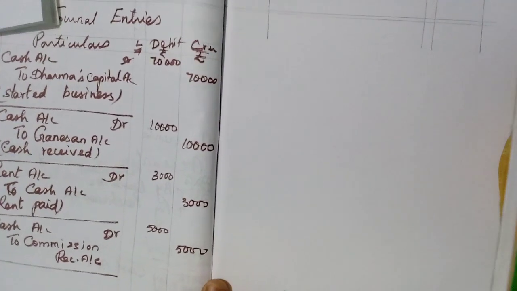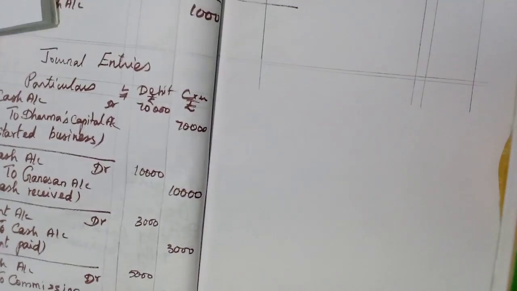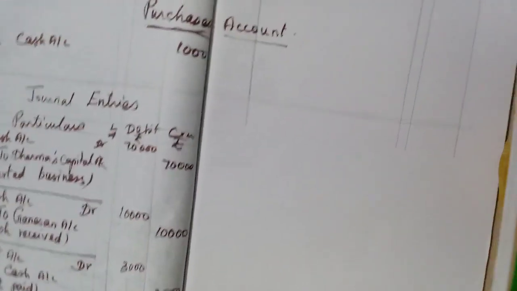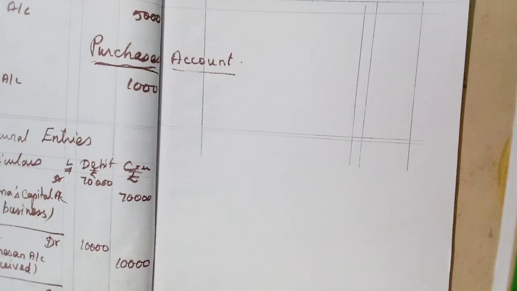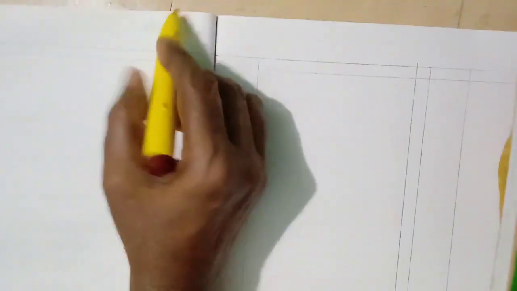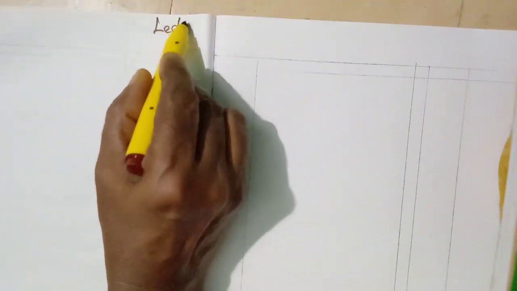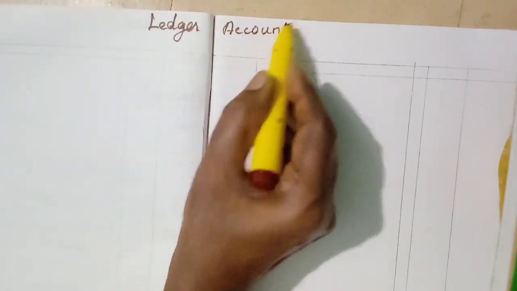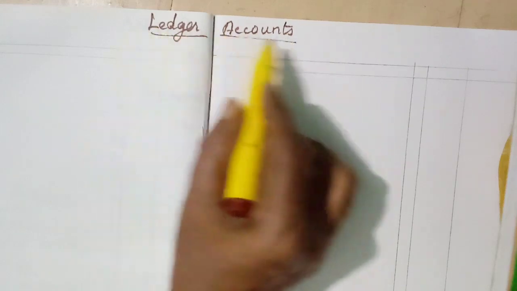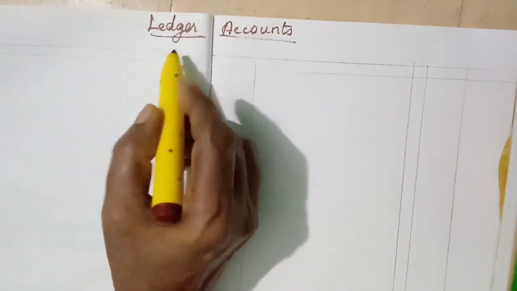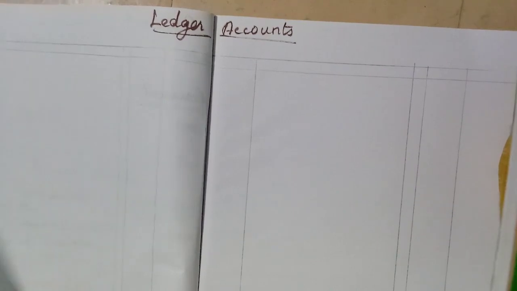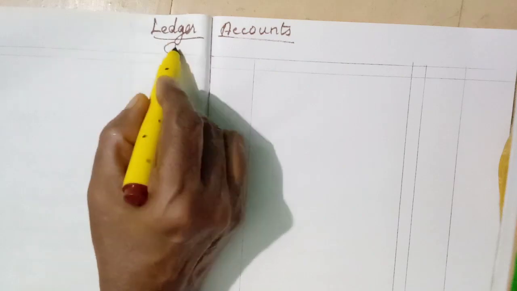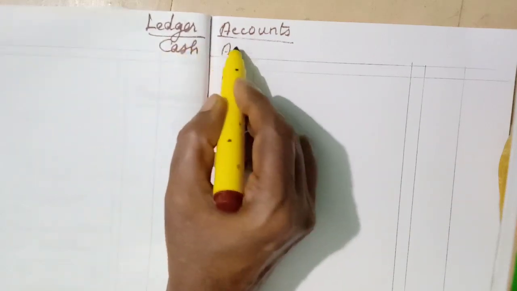Okay. Now we need to post all these things in the ledger accounts. First you write ledger accounts. Ledger accounts heading. Okay. For 2 lines will be there, no? First one we need to prepare. What is the first entry? First item, cash. So that is the account we need to prepare. Cash account. We need to use both the pages.